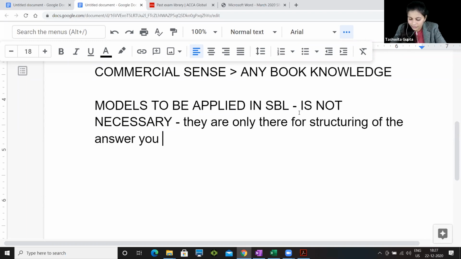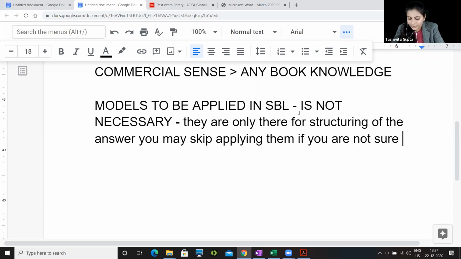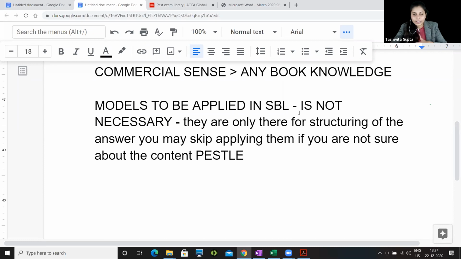You may skip applying them if you are not sure about the content. If I'm not sure in PESTLE analysis what the S stands for, then I won't apply the PESTLE analysis. I will just give my answer.